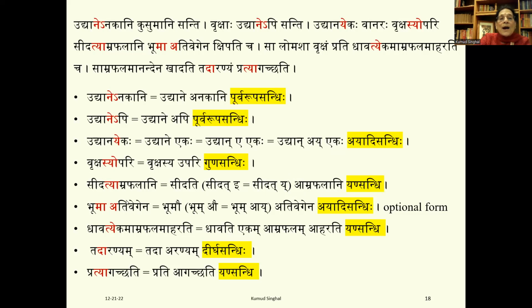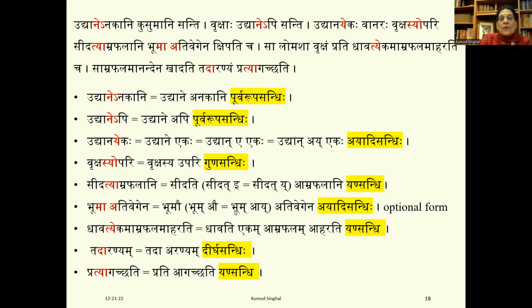Then bhuma ativegena here. So now this is actually bhumau because there is no word bhuma, right? Bhuma is not a proper word. So actually this is bhumau, on the ground. Bhumi is your pratipadikam and it is saptami vibhakti ekavachanam. So bhumau. So au followed by a.